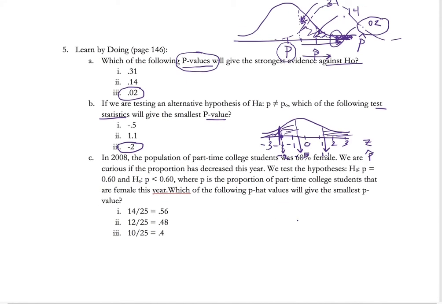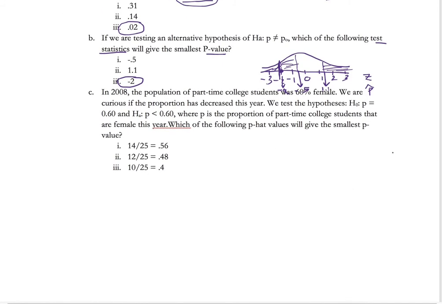Last one. In 2008, the population of part-time college students was 60% female. So they're telling us the population has a proportion of 0.6. That's right at the center of the SDSP. We are curious if the proportion has decreased this year.